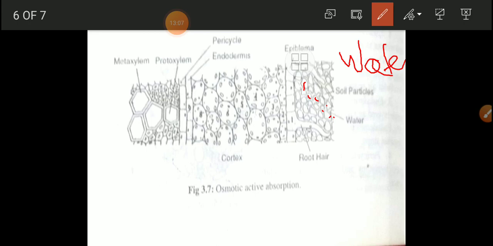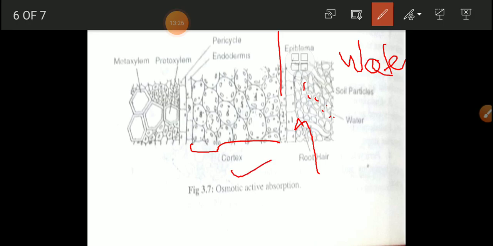That capillary water enters the root hair first. From the root hair it comes into the epidermis cells. Then these are the many successive cortex cells.